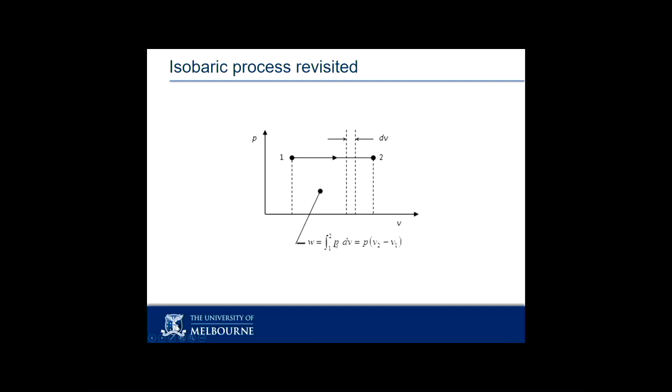And the integral of P, when it's constant, is pretty straightforward. P is a constant, so it comes out the front, and the integral of dV is V2 minus V1. So for this process, work is the pressure times V2 minus V1, which is the area of this rectangle.